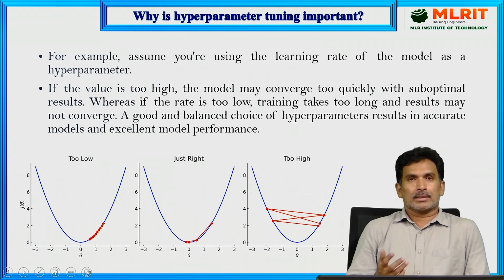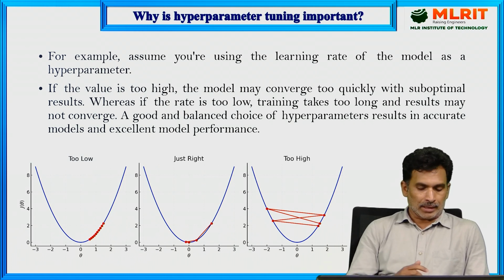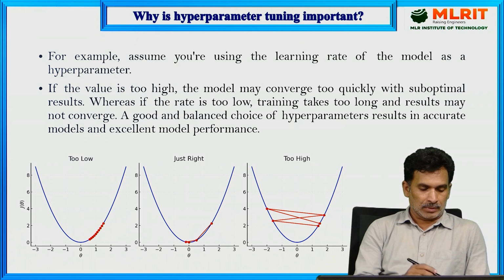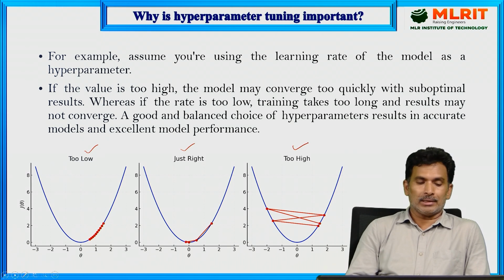To understand why hyperparameter tuning is important, take one example: suppose you are using the learning rate of the model as a hyperparameter. Here you can see from this diagram where the learning rate is too low, this is the right learning rate, and this is a high learning rate.